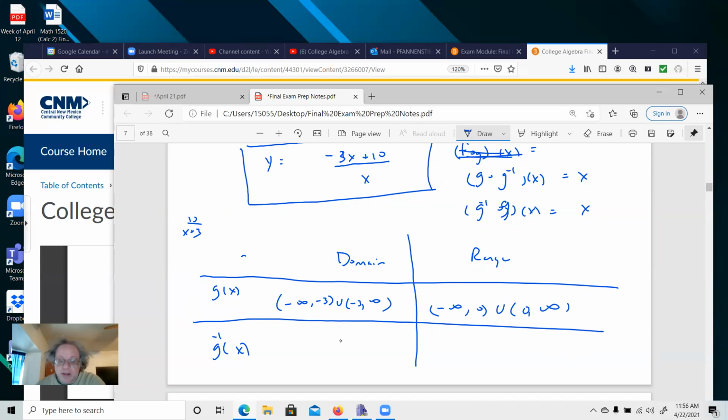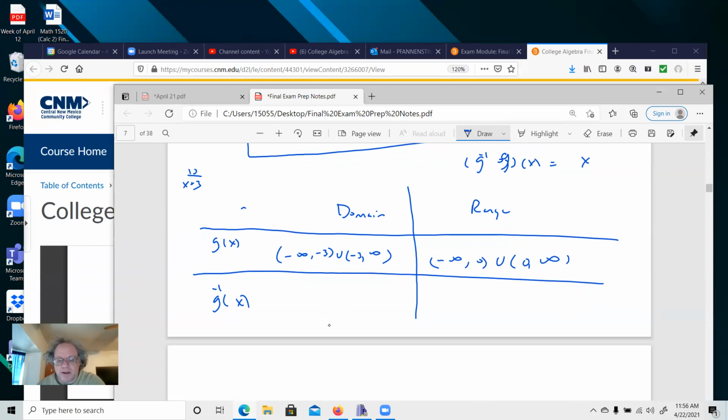Now let's take a look at negative 3x plus 10 over x. Here, my domain, we could see that there's a vertical asymptote at x equals 0. So we have negative infinity up to 0, union 0 up to positive infinity. In my range, the degrees are the same now.